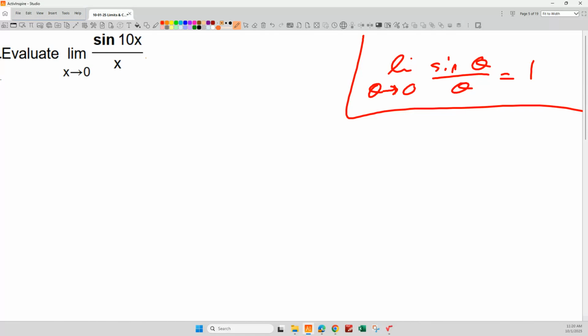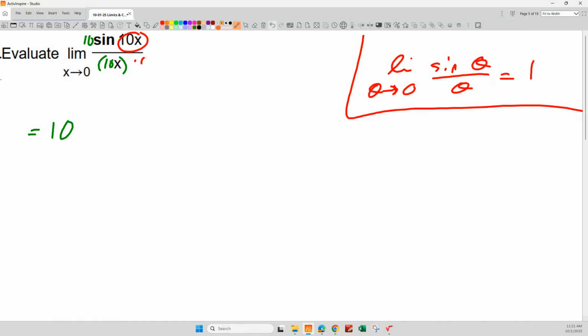Well, there's my theta, because that's what's inside the sine function. So I just have to multiply the top and the bottom by 10 here. So we get 10 there, 10 there. And then this is equal to the limit of, what can I do with that 10 on the top? I could just pull it out front, couldn't I? That's the easiest way to think about it.